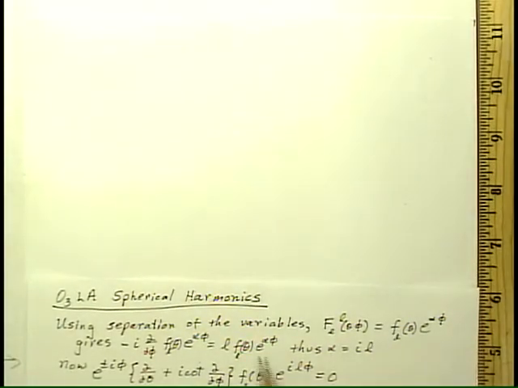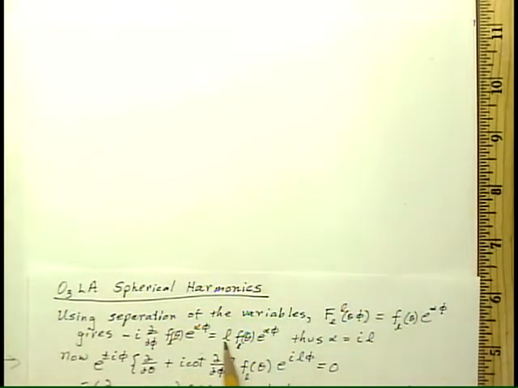So we perform that separation, we rewrite it in this form, and we're able to derive immediately that since the derivative of this gives us alpha, as we take the derivative we get an alpha down, so minus I alpha is equal to L, or alpha is equal to I L.